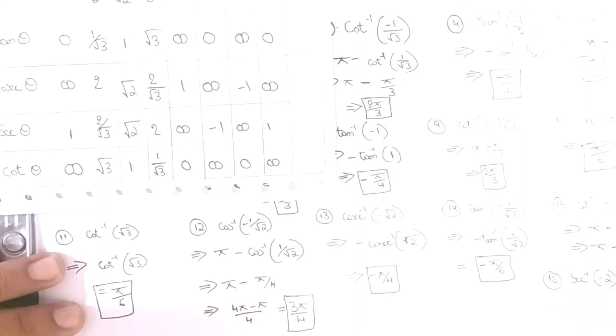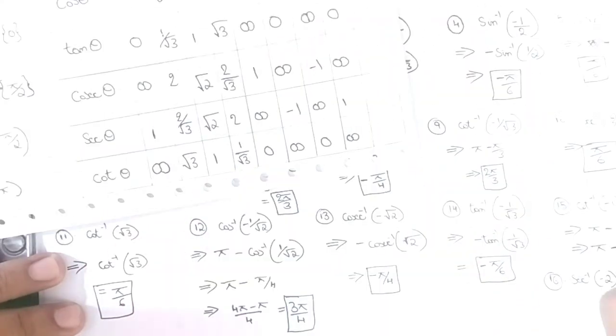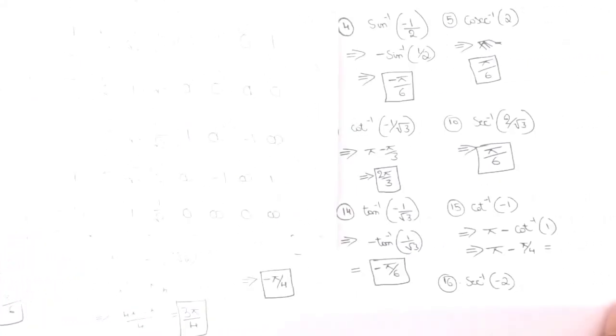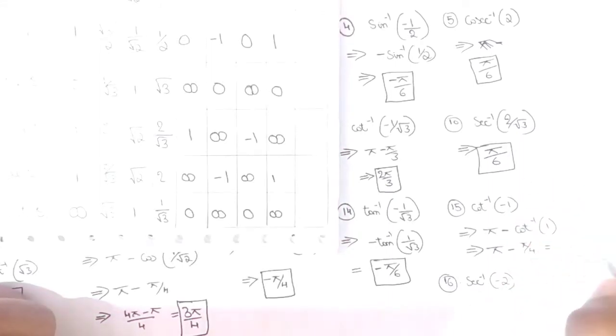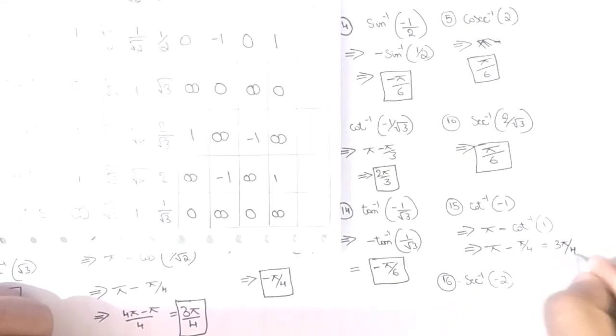Cot inverse of 1 corresponds to pi by 4, and this gives you 3 pi by 4.